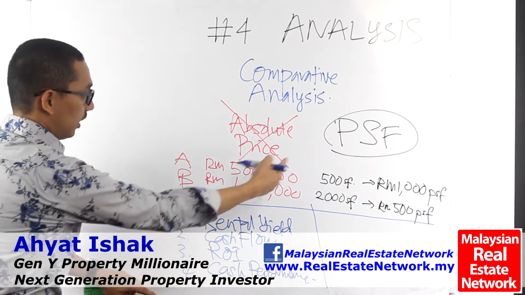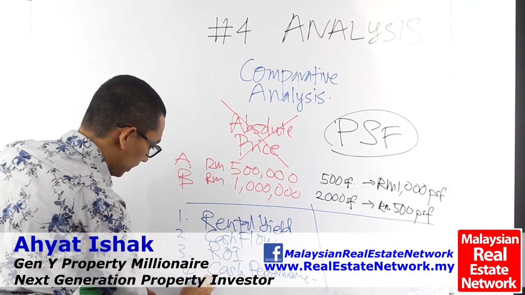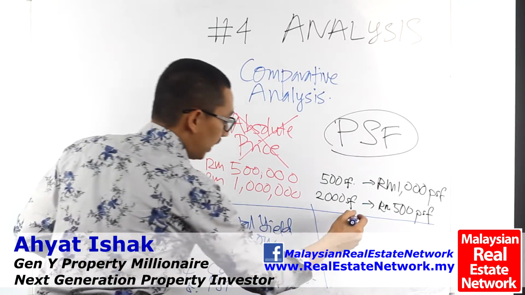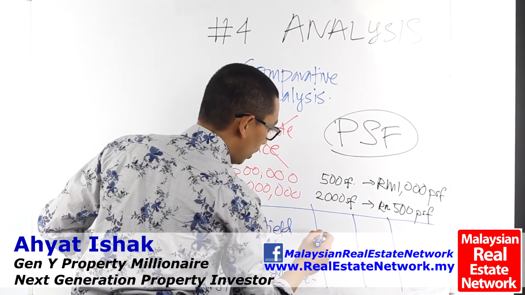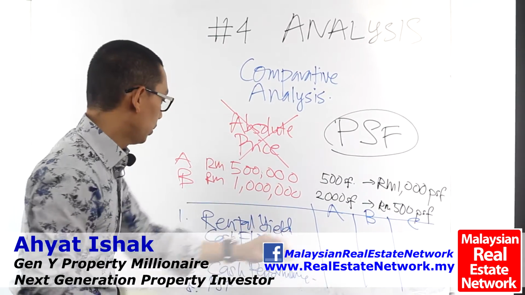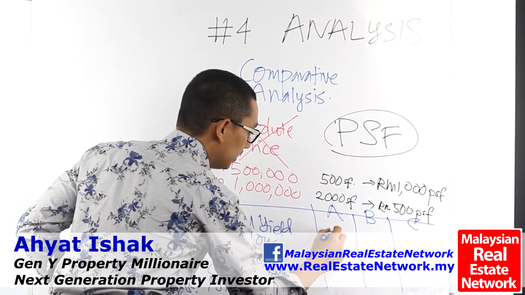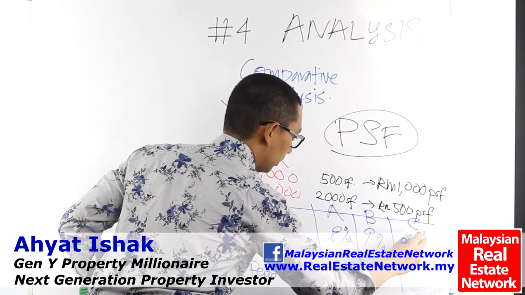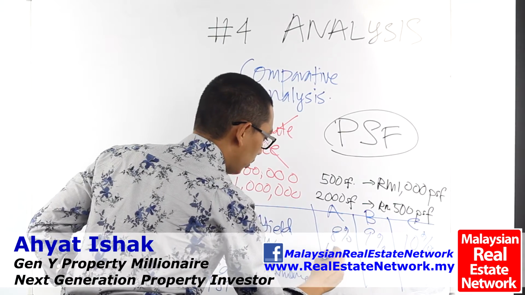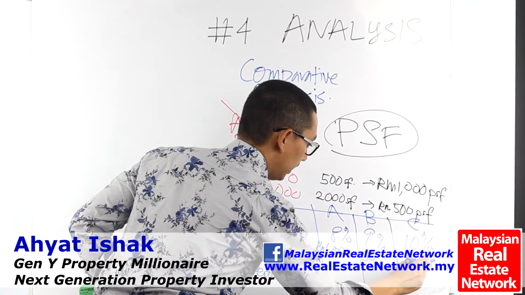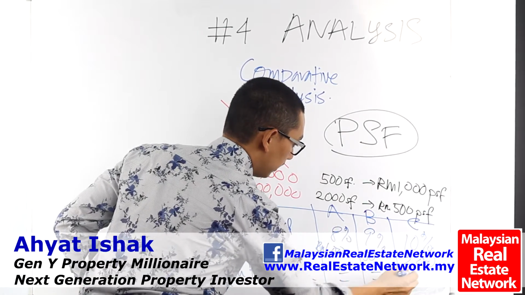Perhaps you can include this one as well and other indicators, price per square feet. So you've got 5 indicators, and then maybe you can have a short list of property A, B, and C. So you can list down all the numbers. Cash flow, 100 ringgit, maybe 50, 200 ringgit, and so on.